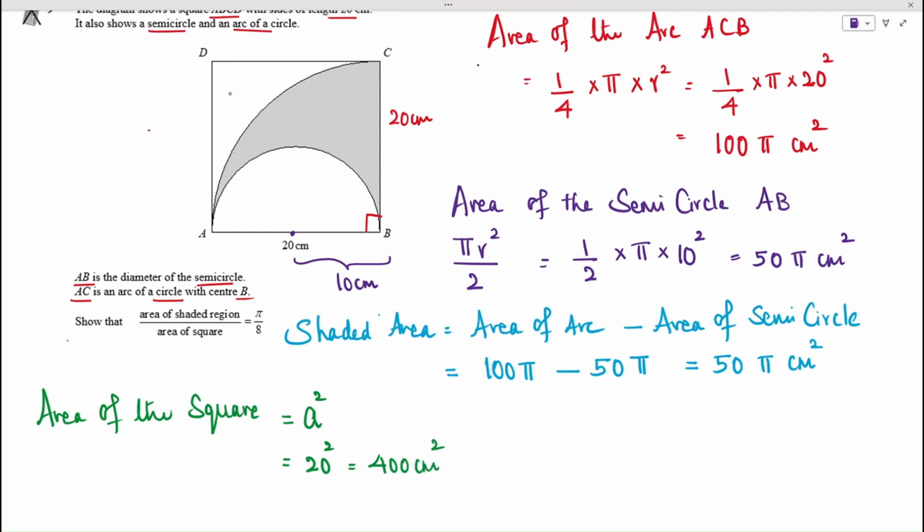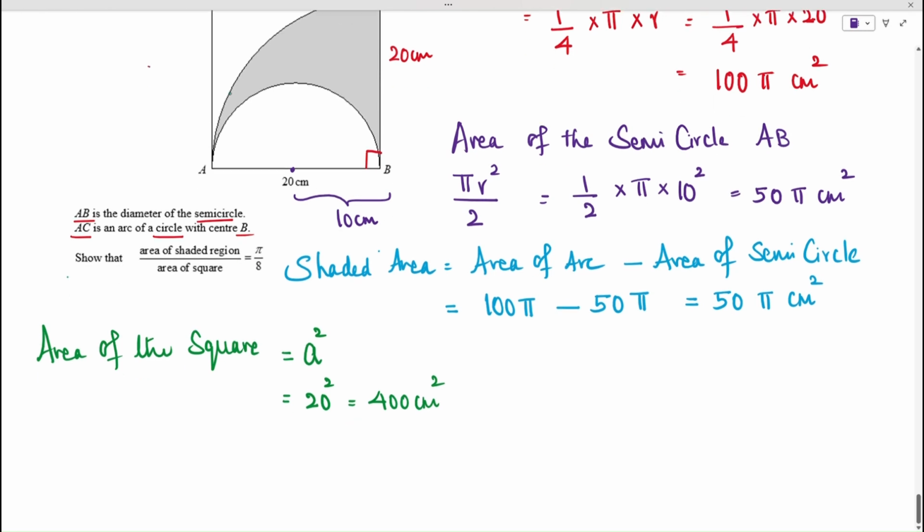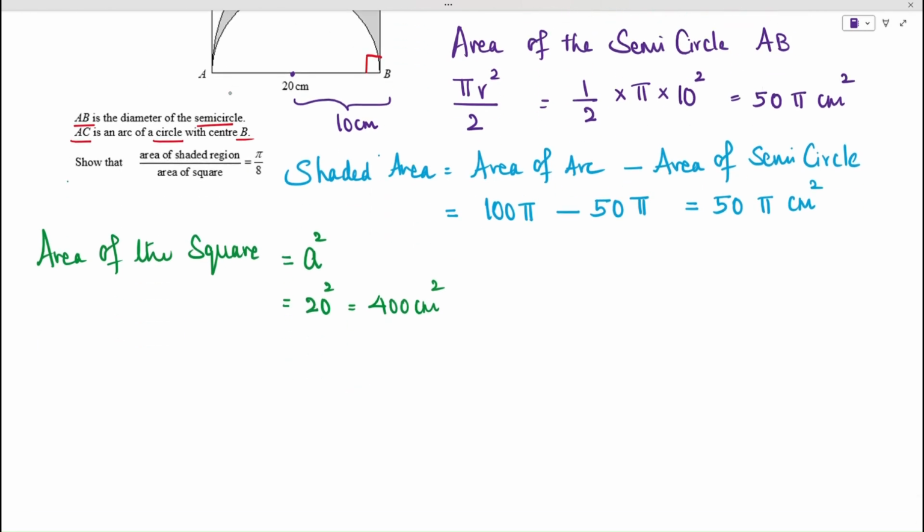And now we put it into our fraction: area of the shaded region over area of the square. For a show that question, you have to make sure that you label everything that you're working out, because these questions give a lot of marks for showing your working, to show that you haven't worked backwards or guessed the values.